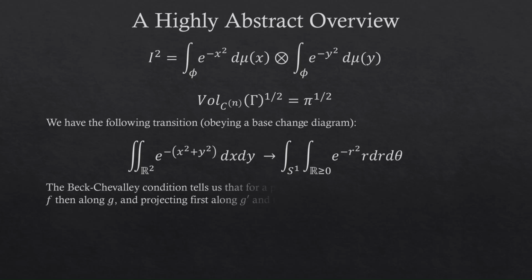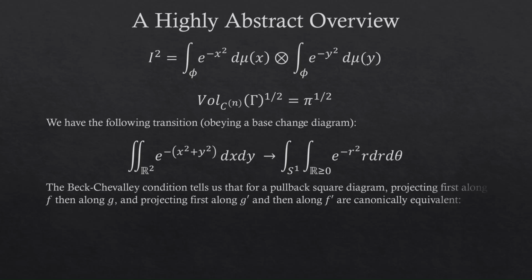And so the Beck-Chevalley condition tells us that for a pullback square diagram, projecting first along F and then along G, or projecting first along G prime and then along F prime, are canonically equivalent under the following Beck-Chevalley isomorphism.